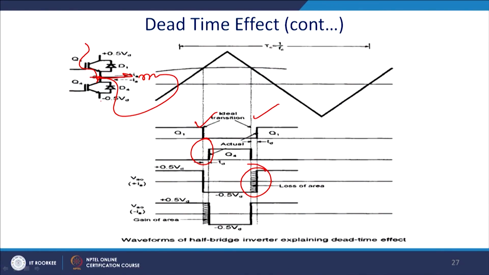Similarly, when D4 is conducting, when Q4 is conducting, Q1 will come into the picture and there will be a loss in the system. Similarly, when voltage Vd is positive and current is negative, which sometimes happens, most of the cases in STATCOM application, since current is negative, D4 was conducting, then automatically D1 will conduct.